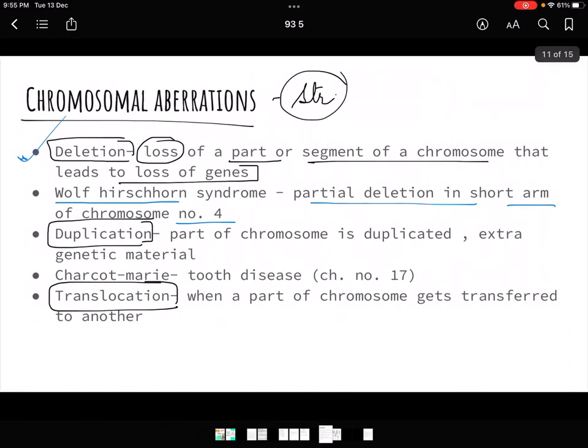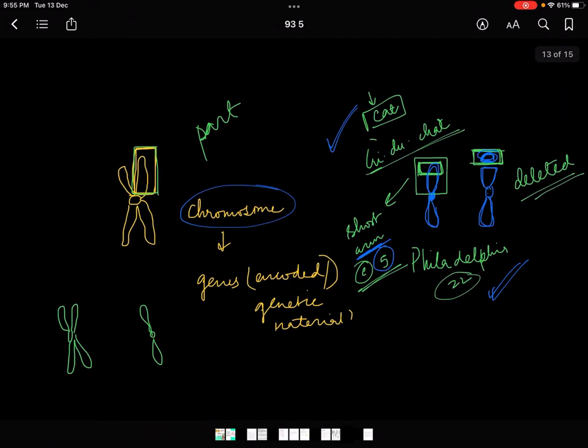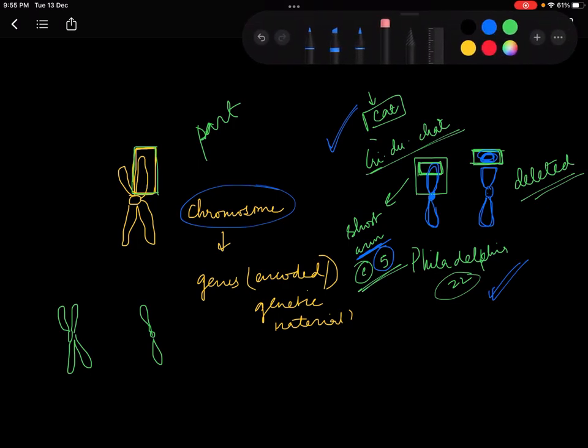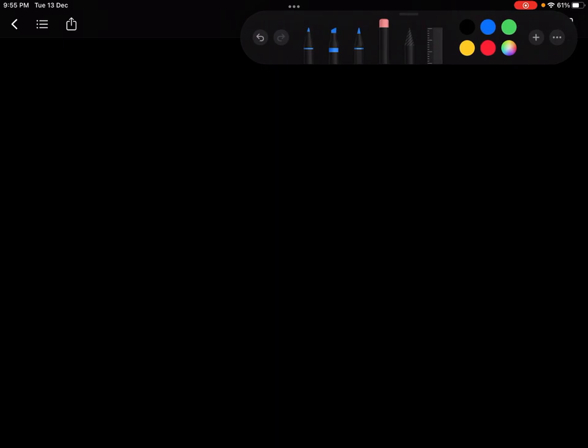Okay, now let's go to duplication. Let's see how duplication happens. So now again, first I'll draw the normal one and then the not so normal one. Let us say that this was the normal chromosome and there is this segment which I am just marking.